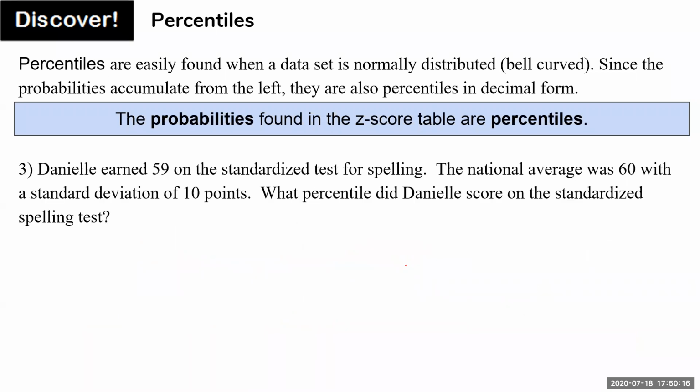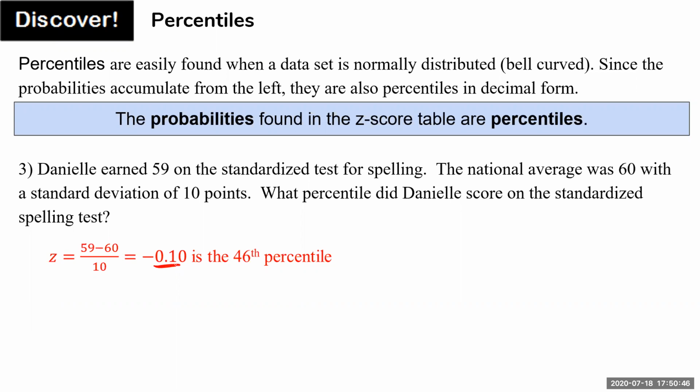Okay, nice. So here, if we look at Danielle and her 59 on the standardized test for spelling, the national average is 60. If you look at this z-score on the z-score table, minus 0.10, do you see that on the table? Minus 0.10.